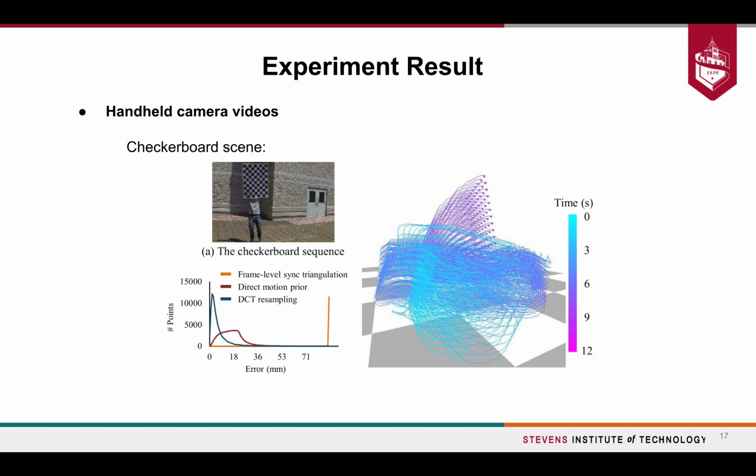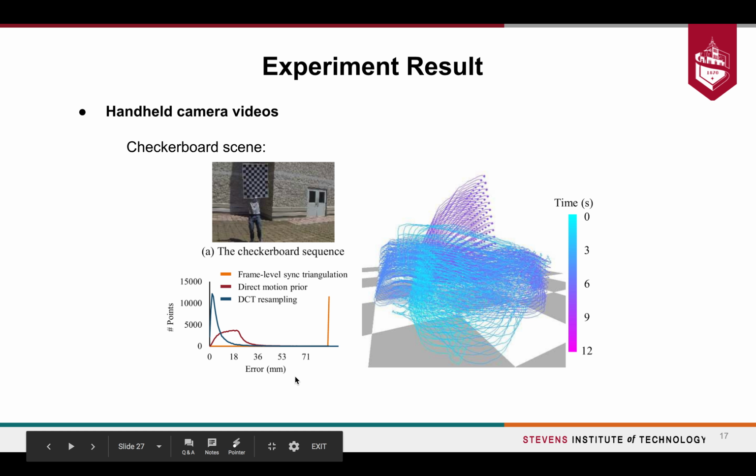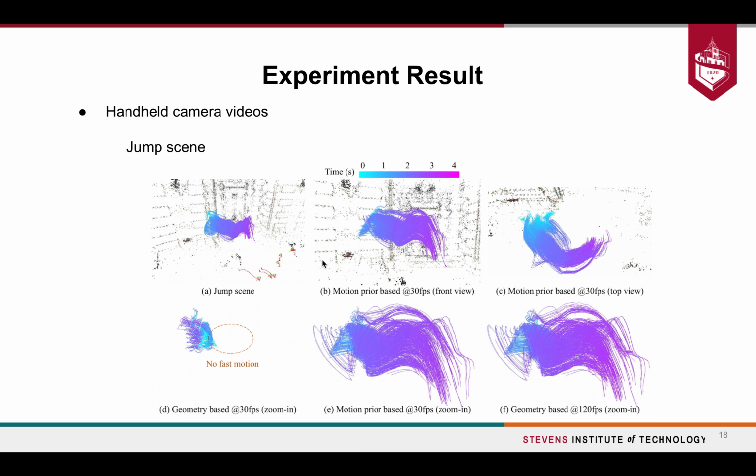They also did some real data experiments. Here they reconstruct the black squares of the checkerboard and compare the reconstruction error. And this is an experiment on jump scenes.